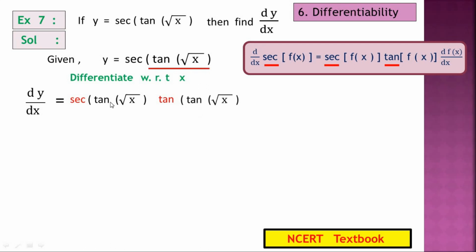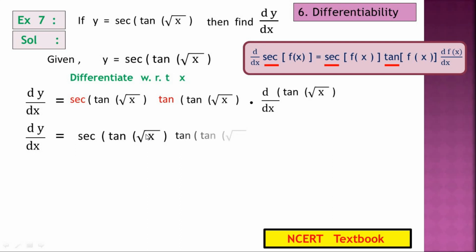Now take the derivative of this composite variable, that is d by dx of tan root x. So first two terms as it is, dy by dx is equal to secant tan root x, tan of tan root x into, now the derivative of tan root x.